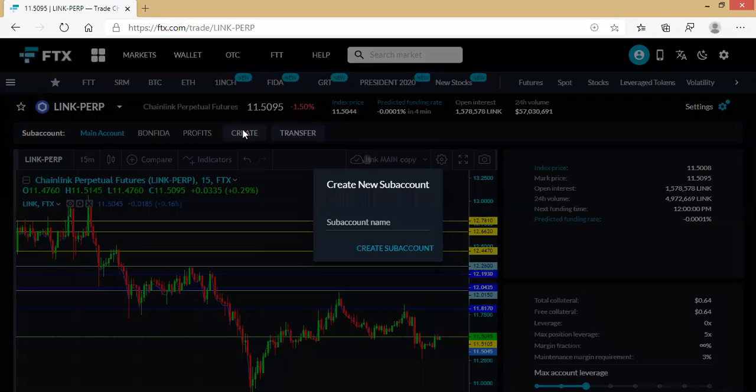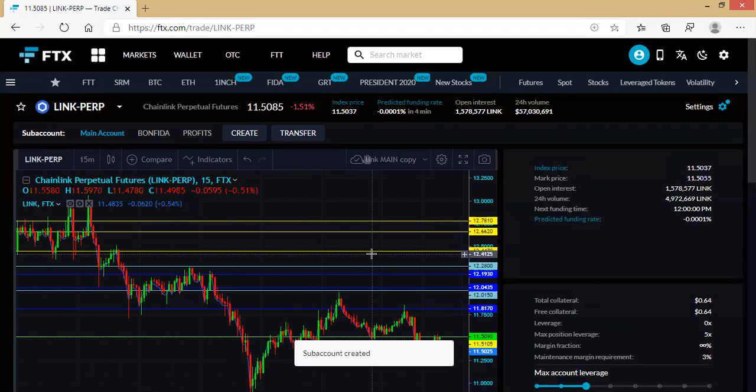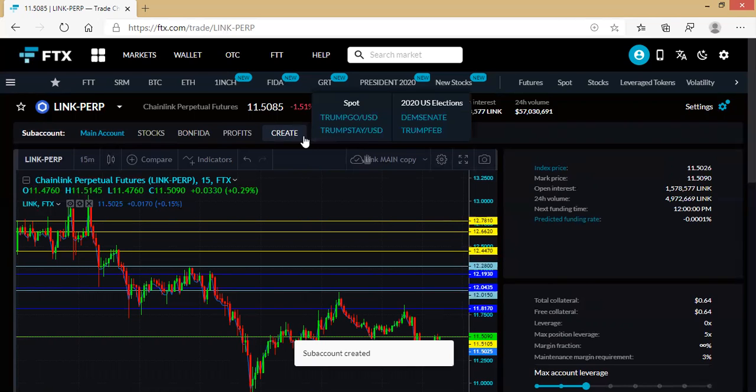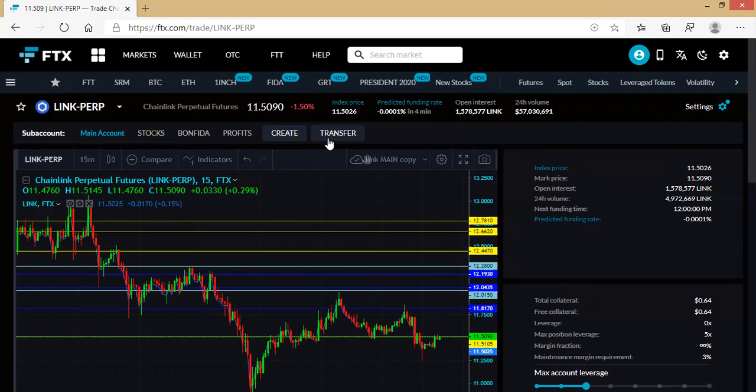Just click on create and type the name of whichever name you want to call it. Let's call this one stocks. Create sub account. So I've created a sub account. You can even create another one, maybe call it tutorial account, whatever you want to call it, it will still answer you.